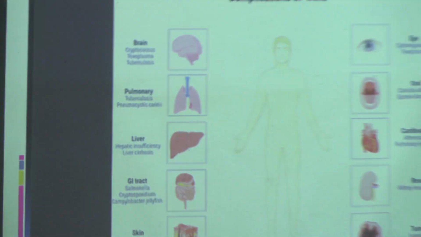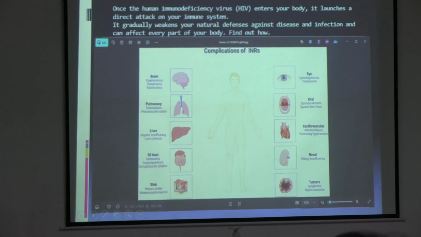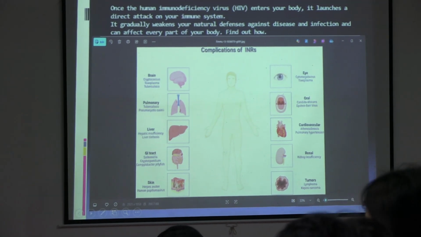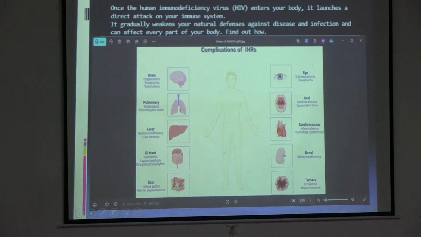So, HIV is human immunodeficiency virus, all of you know. So, once the virus attacks our body, the immune system, the receptors are CD4 receptors of the T helper cells, we say.